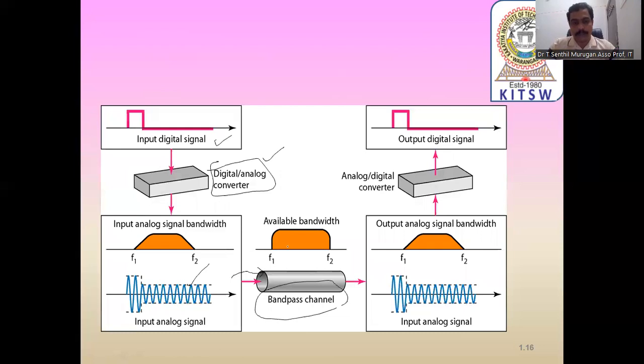After reaching the destination side, the analog signal will be converted into a digital signal, and that digital signal will reach the destination. Like this, digital is converted to analog and then back to digital. There are methods for this that we will discuss in the second unit.